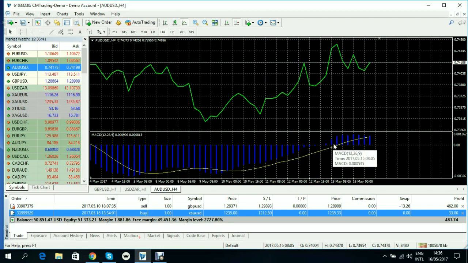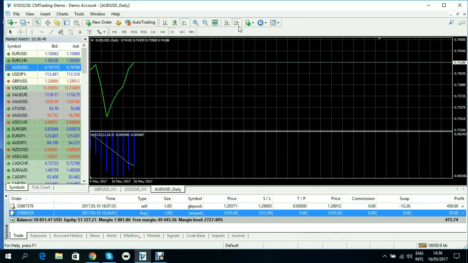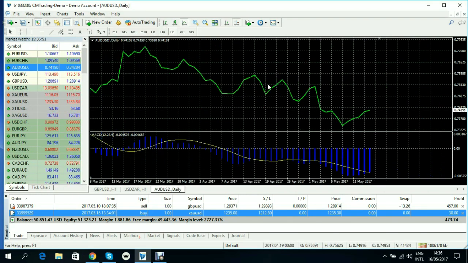The bars are above the zero zone and the signal is above, indicating a buy. But as I said earlier on, at least check to have 3 or 4 time frames confirming the same direction with the bars and the signal before you go with it.